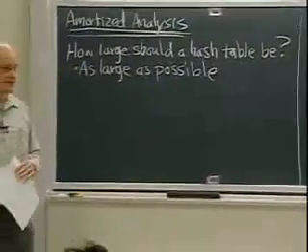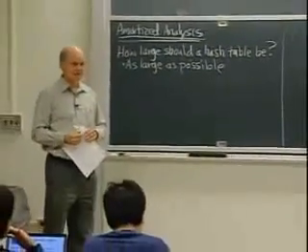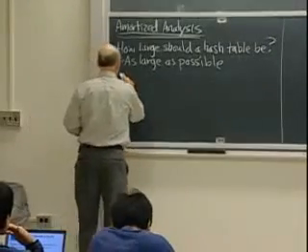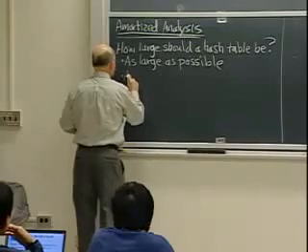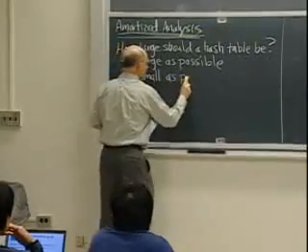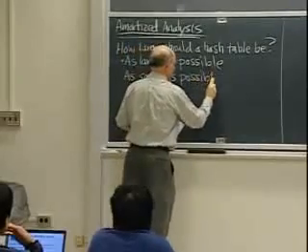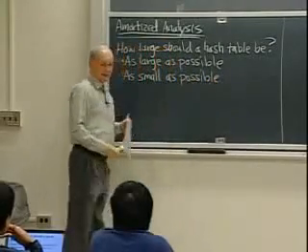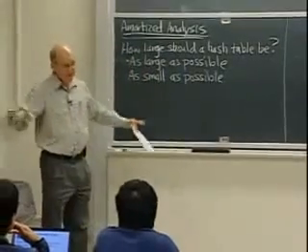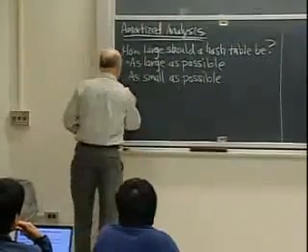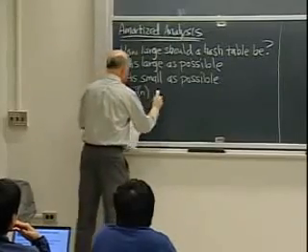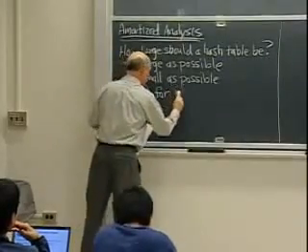Flip side of that is what? Takes a lot of space, so I should make it as small as possible, so as not to waste space. So I want it big, and the happy medium, as we've discussed in our analysis, is to make it order n size for n items.